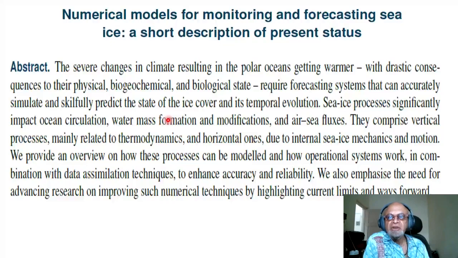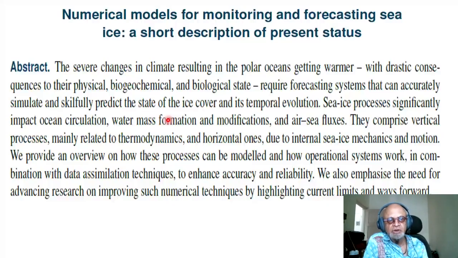Numerical models for monitoring and forecasting sea ice. This is becoming important not only for transportation, ship traffic, and fishing, etc., but also for how they affect ocean circulation, water mass formation, sinking of waters, and how water masses are modified, and how air-sea fluxes of heat and carbon are affected by sea ice distributions.